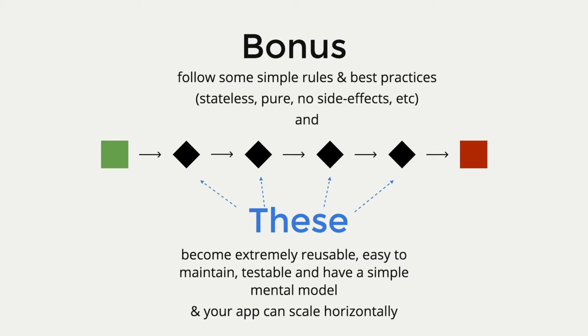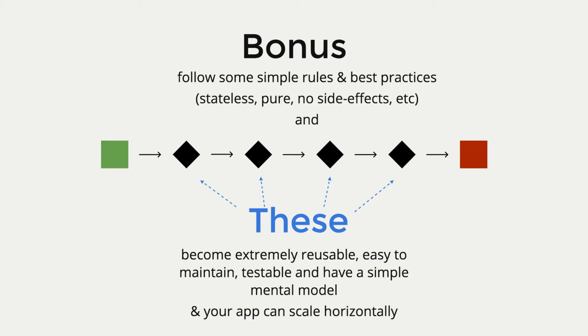So, bonus. In this paradigm, if you follow some rules and best practices within these things in the middle, you get some extra perks, okay? Those things in the middle become very reusable because they're not domain specific, they're actions. You're slicing things up, you're transforming; these aren't necessarily tied to a specific domain model.